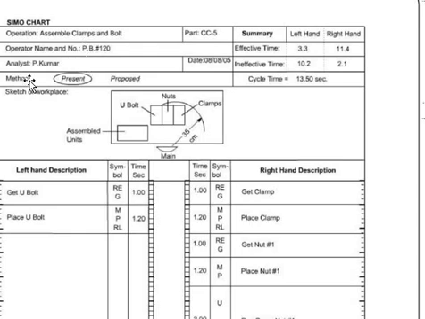Okay, the analyst, the one who is conducting the micromotion study, the method, whether present or proposed, just encircle it, and the date, and of course the summary for the left hand and the right hand, the effective time and ineffective time. Where do you find this effective time and ineffective time?